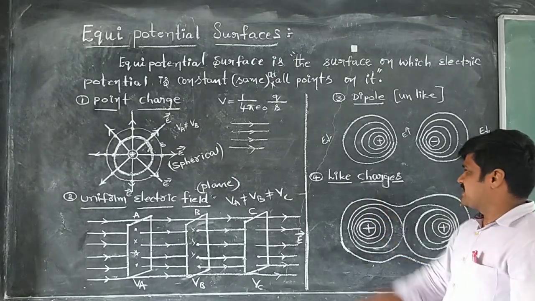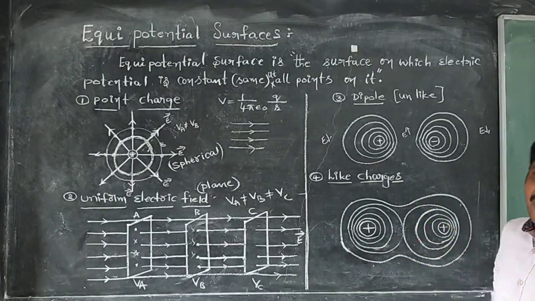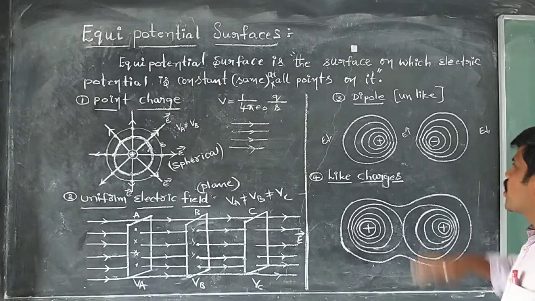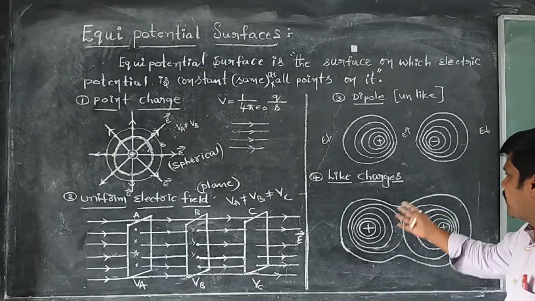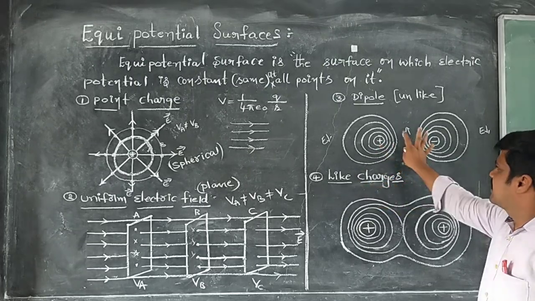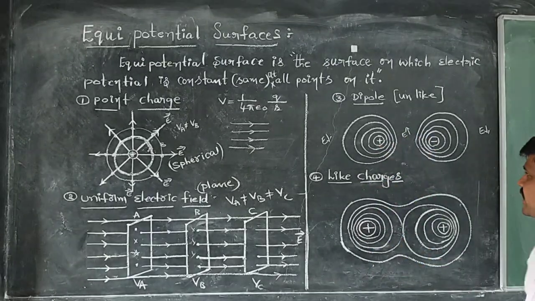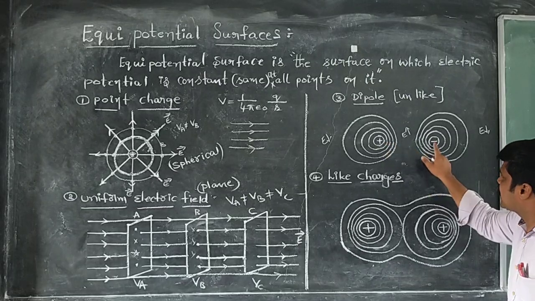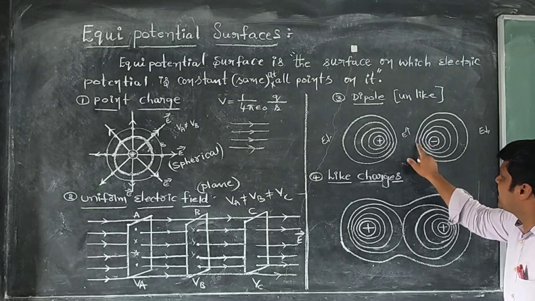Next, sir, in case of like charges, how to draw the equipotential surfaces? It is quite the opposite of the dipole. For unlike charges and like charges, the diagram is quite opposite. Here, in between the charges, the lines are crowded.